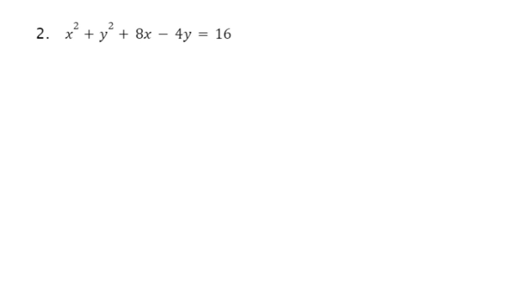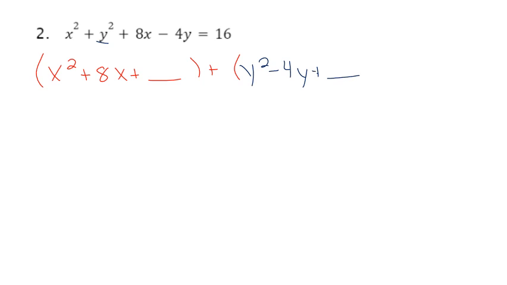The last example, again, same thing. We're first going to rewrite it. So I'm going to write my x's together and leave a blank. My y's I'm going to write together, so y squared minus 4y, then leave a blank. I don't have any constants to move, but I do have a 16 already there.